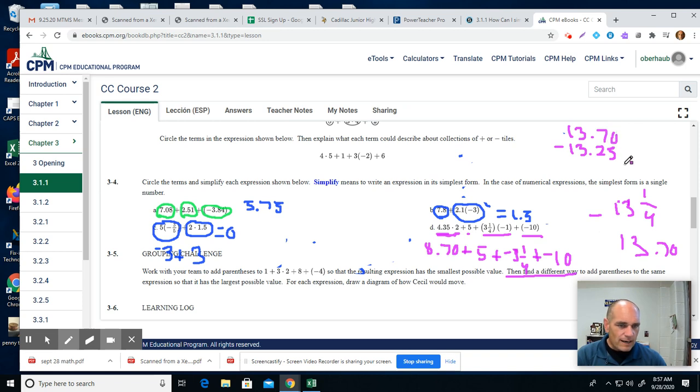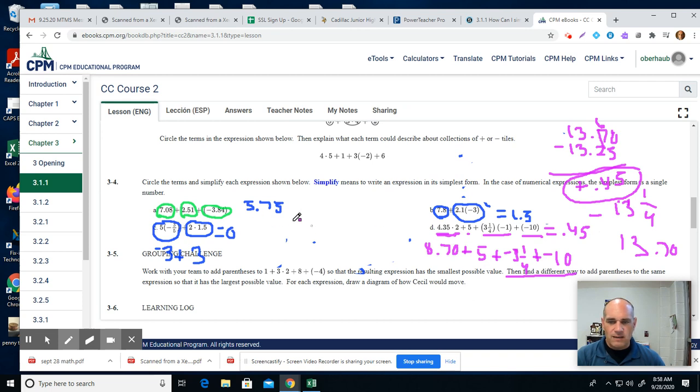Remember, when you subtract, the biggest number always goes on top. So let's see. Borrow, make this a 10. That becomes a 6. So 10 minus 5 is 5. That becomes a 4. And then 0, 0. My biggest number is positive. So my answer is a positive 0.45. So this becomes a positive 0.45. And that is question 3-4.